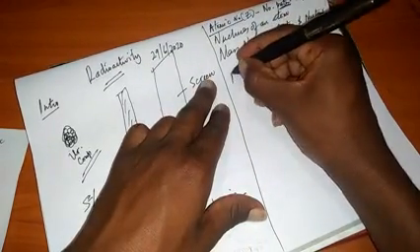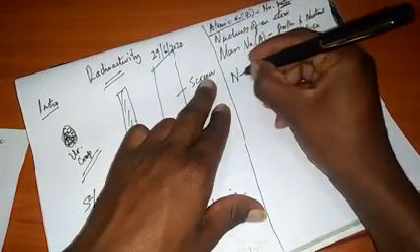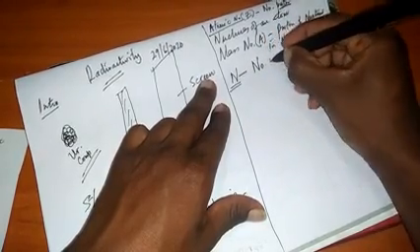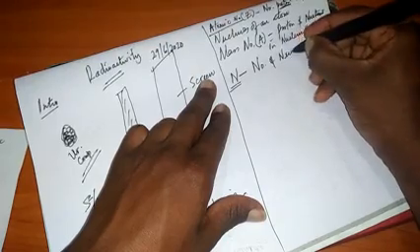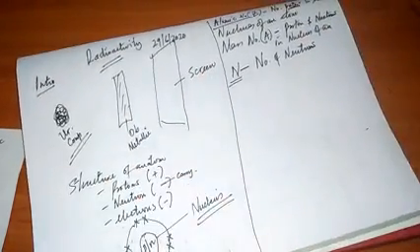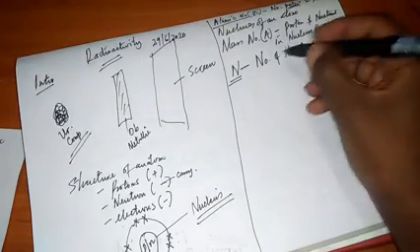Then we are going to take N to denote the number of neutrons in the nucleus of an atom.